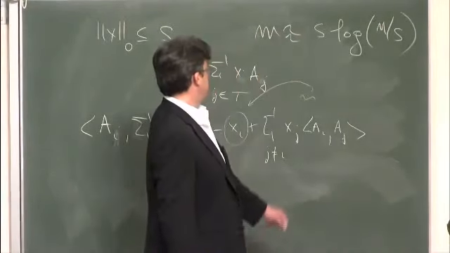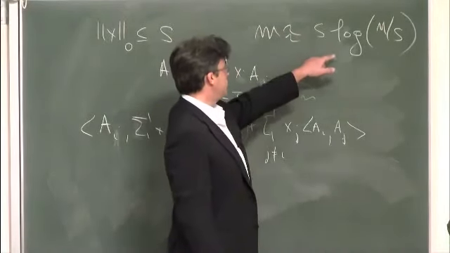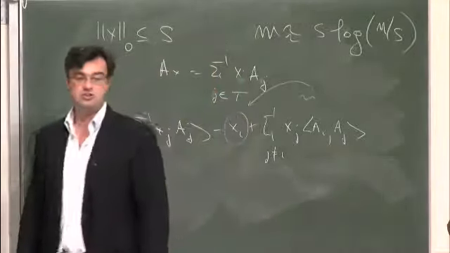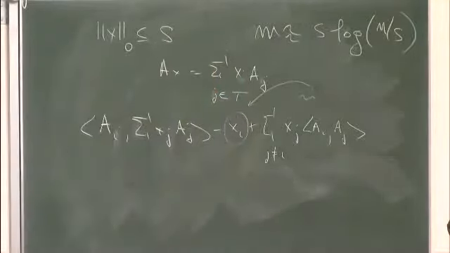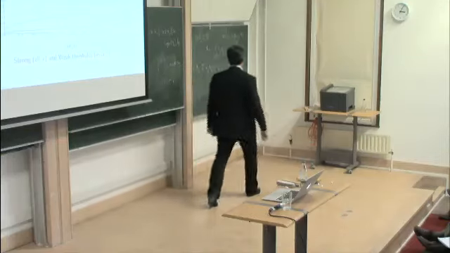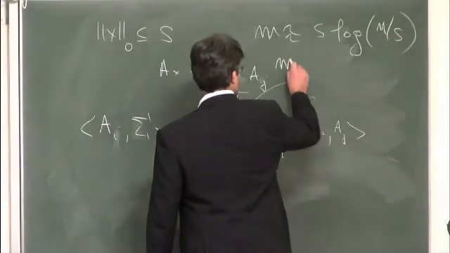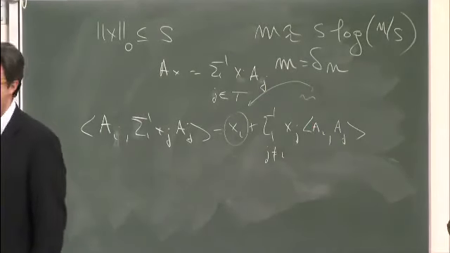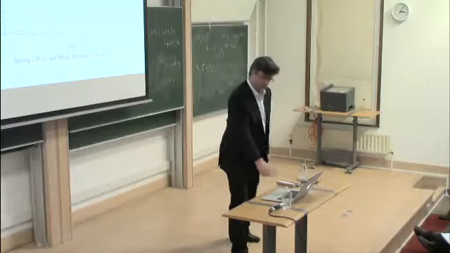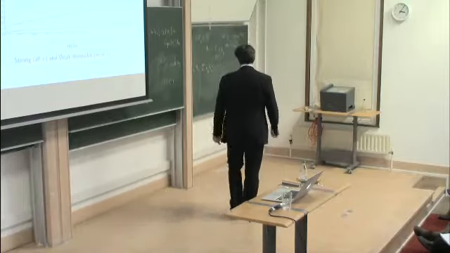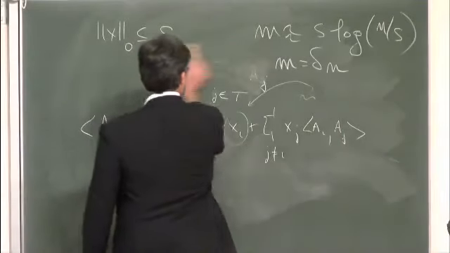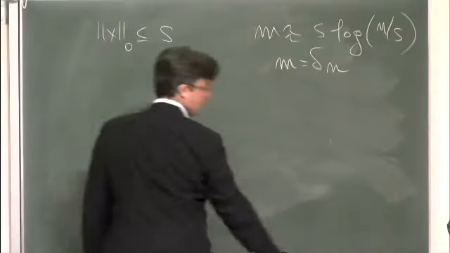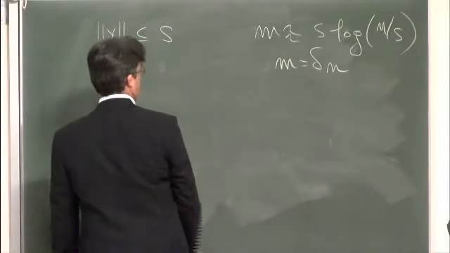But if m is proportional to n, then we can deal with s, which is proportional to n as well, right? So if m is delta n, if m is proportional to n, what this formula tells you is that we're going to be fine.